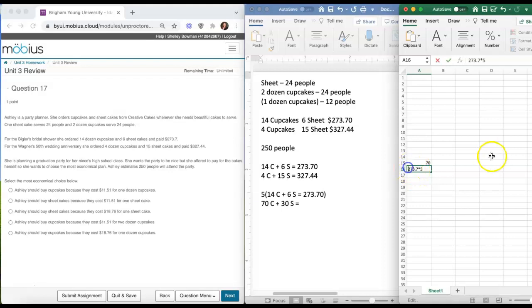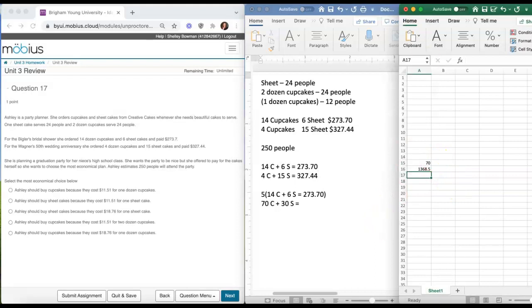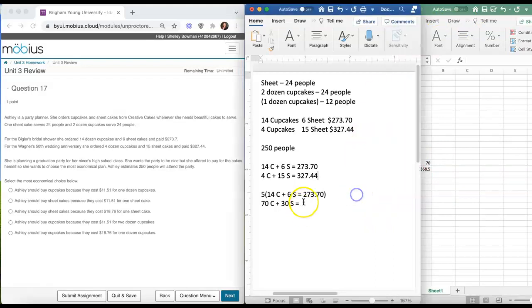I forgot the equal sign to calculate, and we'll end up with 1368.5. Okay, and then the next one, we're going to take this equation here and multiply it all by 2.